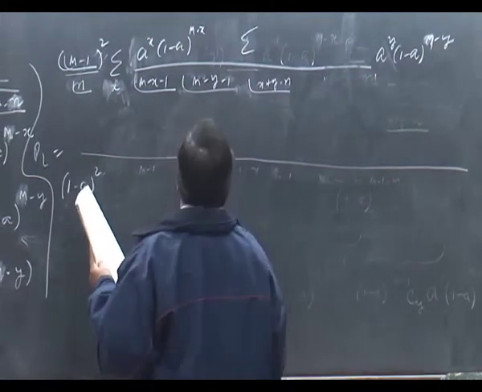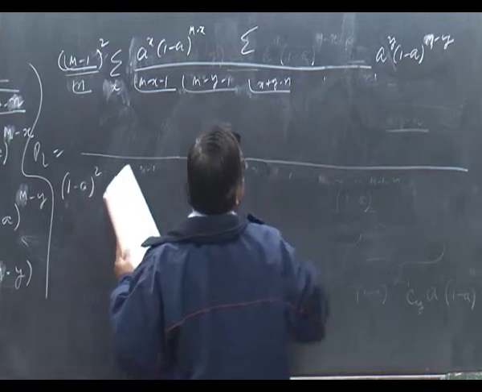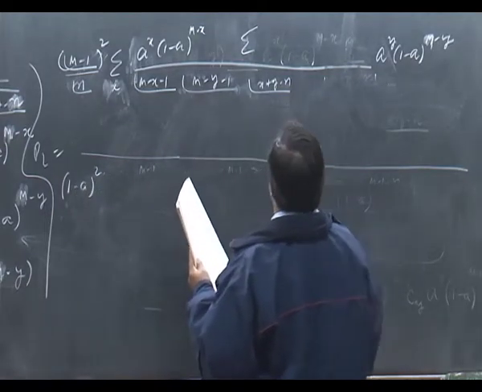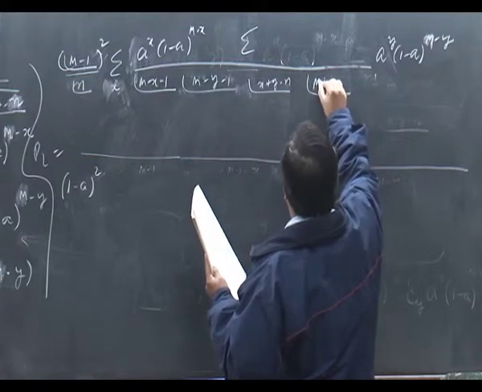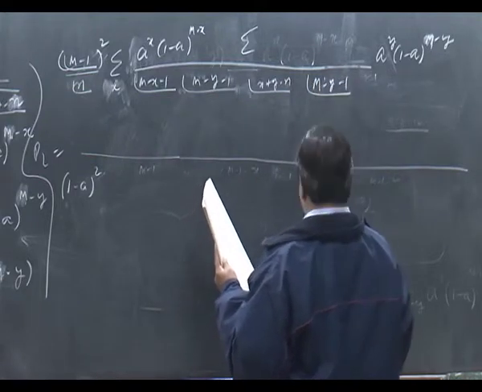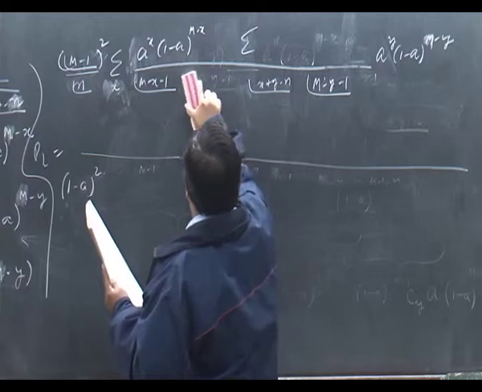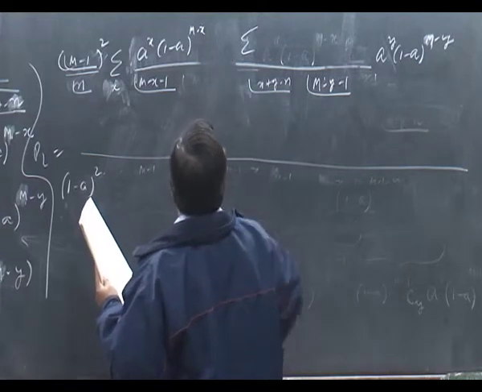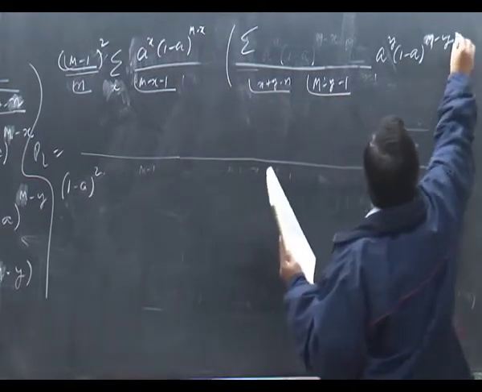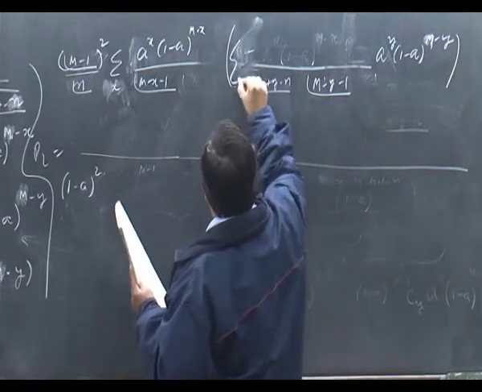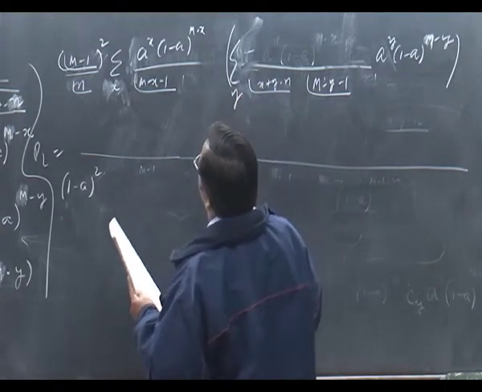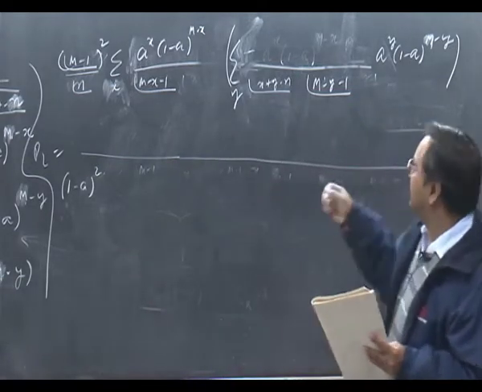These two terms will come here after this summation. So this is the summation for y. Okay, that is the summation for x.